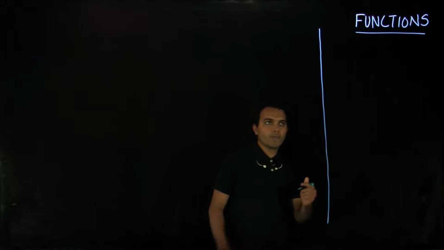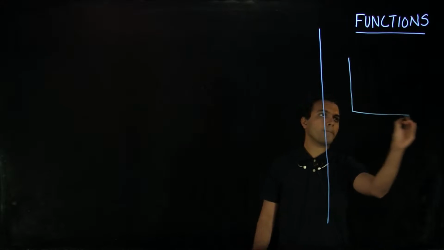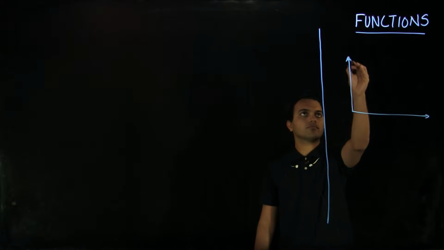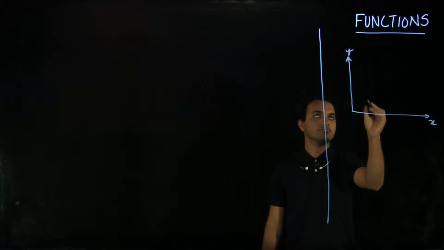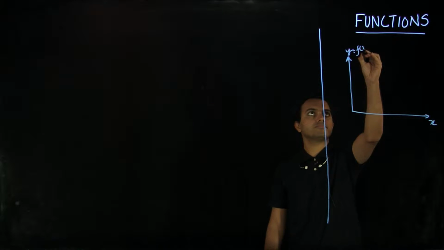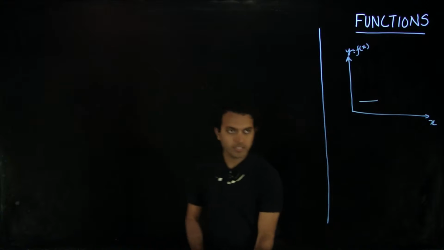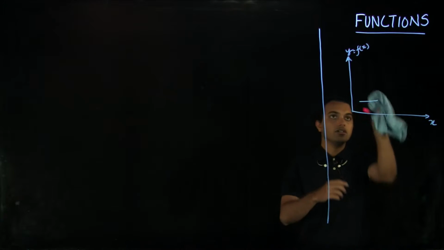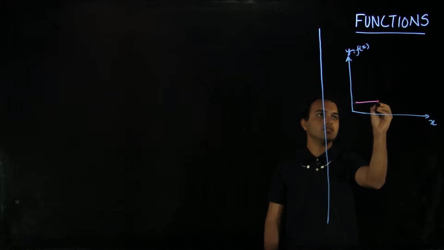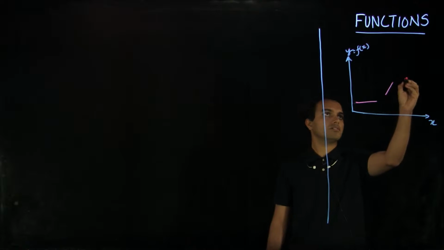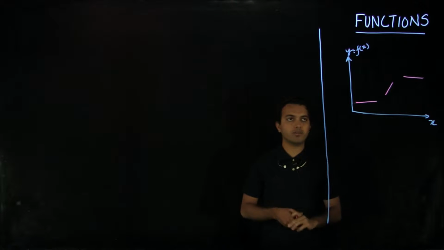So let's take a function for which we are already given a graph. Now if a function's graph is given, let me use a different color to draw the graph. So let's say this is a function for which we know the graph.